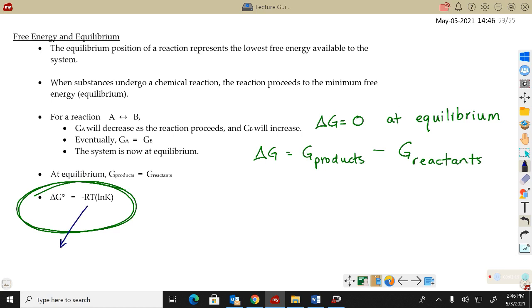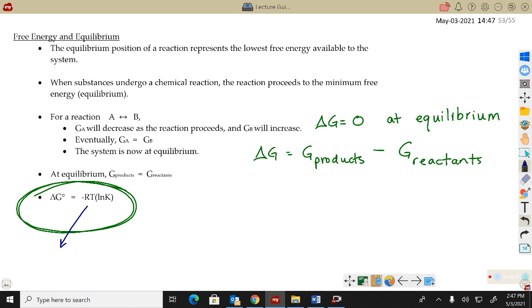Now, we used R back in the gas constant unit when we had PV equals nRT. In the packet, there are 3 versions of R. At the time when we were doing gas laws, we said don't use the one with joules because we use that for thermal.